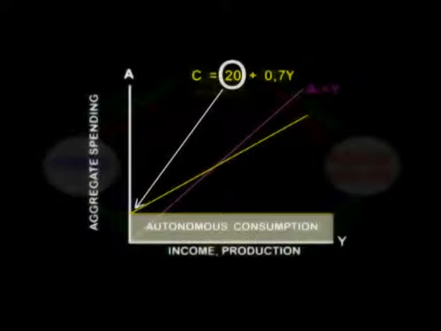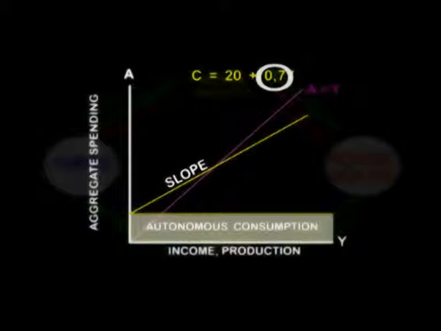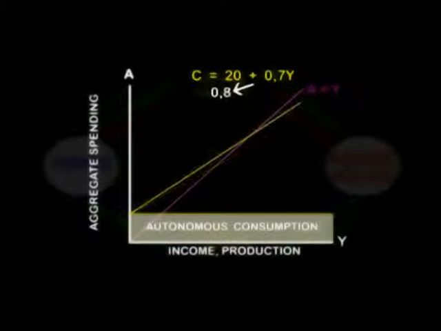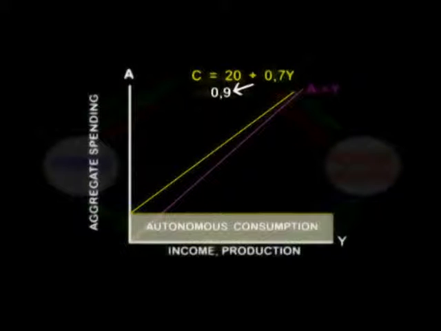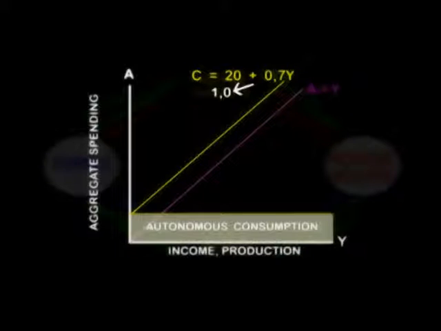Autonomous consumption indicates where the consumption line intersects the vertical or aggregate spending axis. The marginal propensity to consume represents the slope of the curve. The curve here represents a marginal propensity to consume of 0.7. The slope becomes steeper as the MPC increases until it reaches a maximum value of 1 when it is parallel to the 45-degree line, which signifies that no income is being saved.